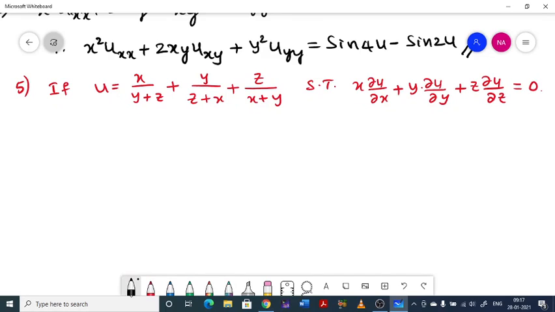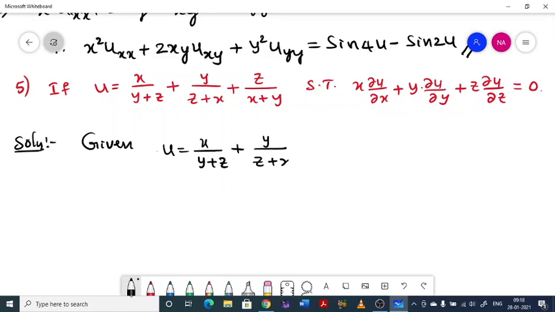This one is an easy solution. So given u equal to x by y plus z plus y by z plus x plus z by x plus y. Now look into each term carefully. This has degree 1, this has degree 1.